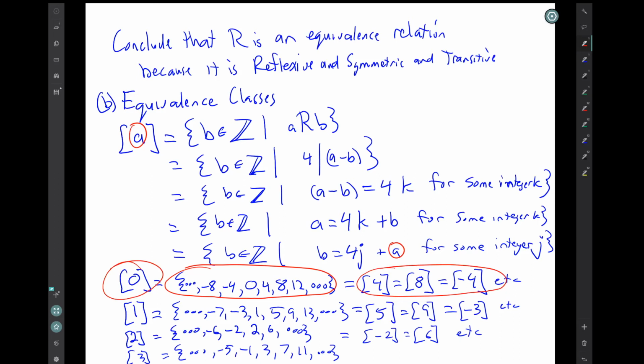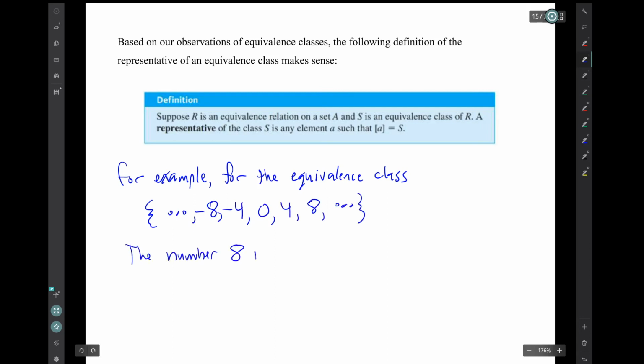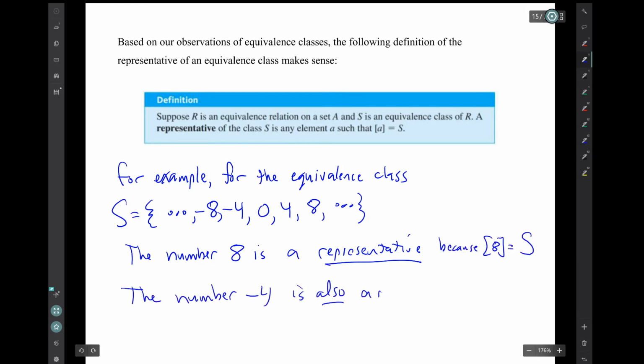Any number that's in that set can be called a representative of that class. So an equivalence class can have a bunch of different representatives. Any element that's in the equivalence class is qualified to be called a representative of that class. Let's go on.